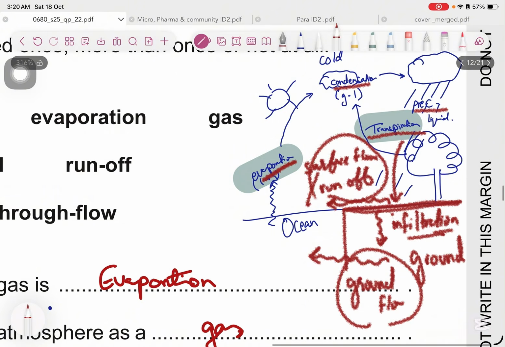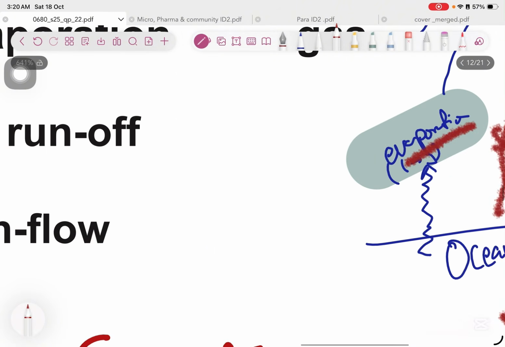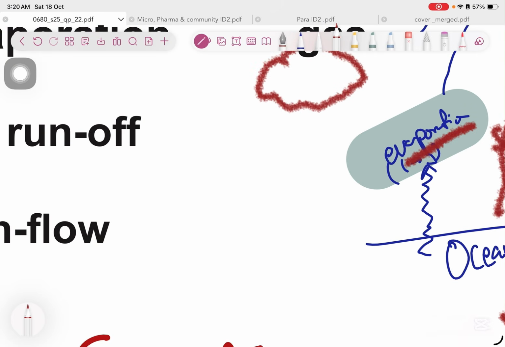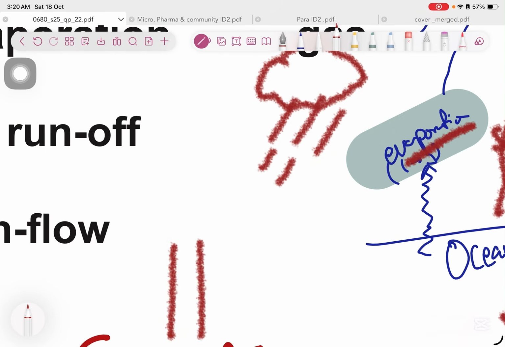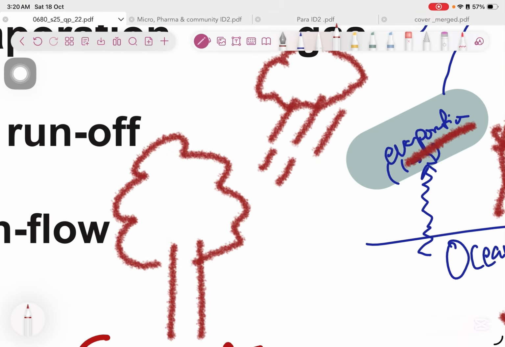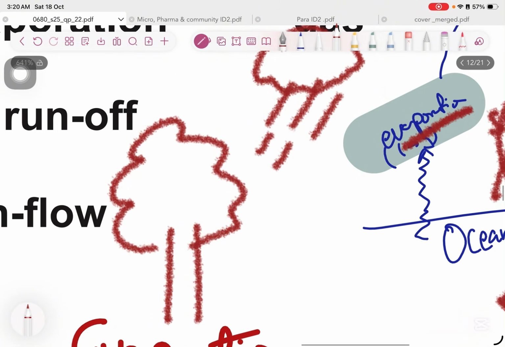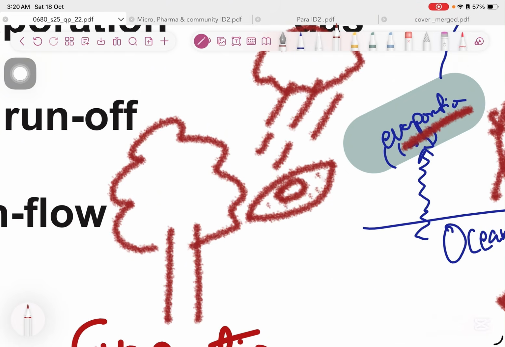The last part I want to mention is called interception, but I'm going to draw a separate part. You know the precipitation, when you've got the cloud and then the rain. Remember our tree? It has a leaf. When the water hits the leaf, some of the water remains on it. Sometimes you find there are droplets like this on the leaf.